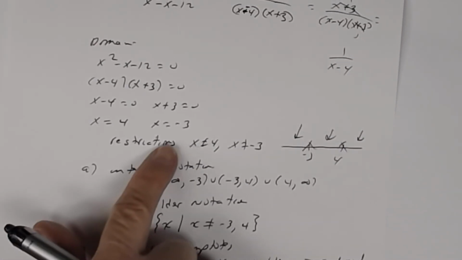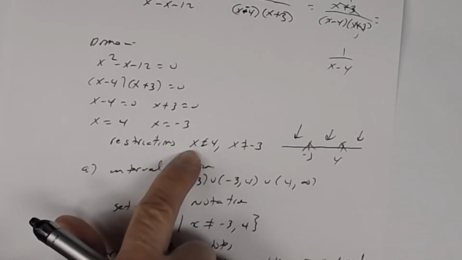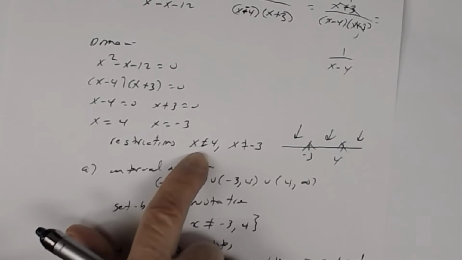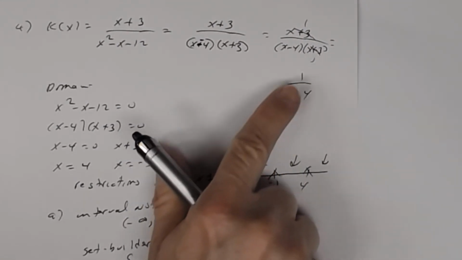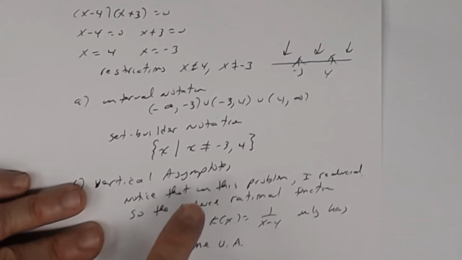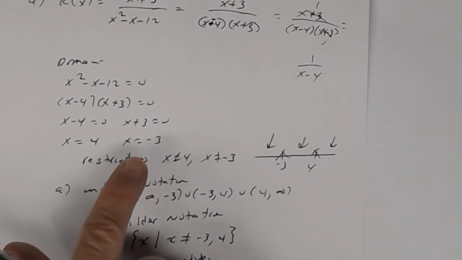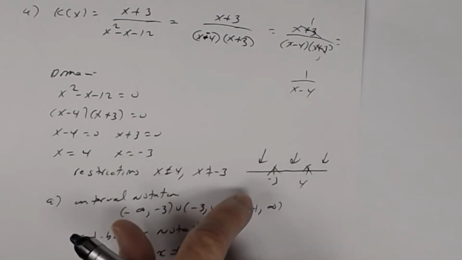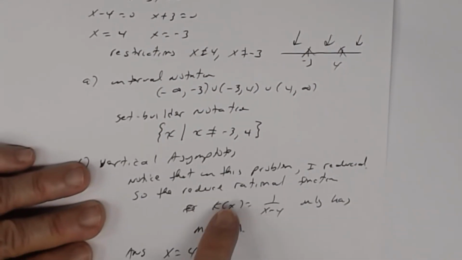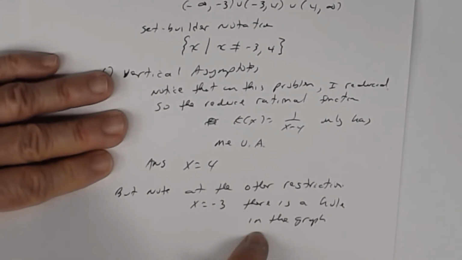Okay, so listen carefully. There are two restrictions in the domain, right? All right, you found your domain very easily. But since I reduced, that restriction that came from that common factor is no longer a vertical asymptote, but it is instead a hole.